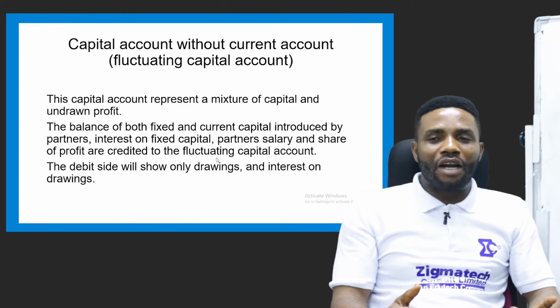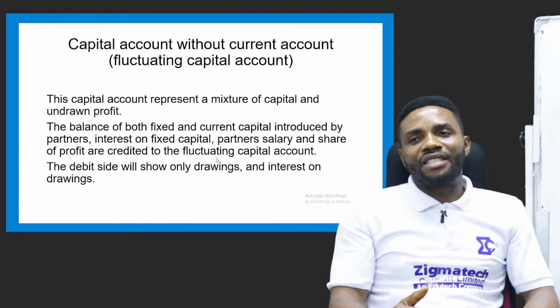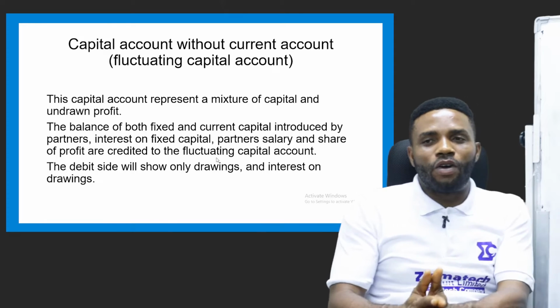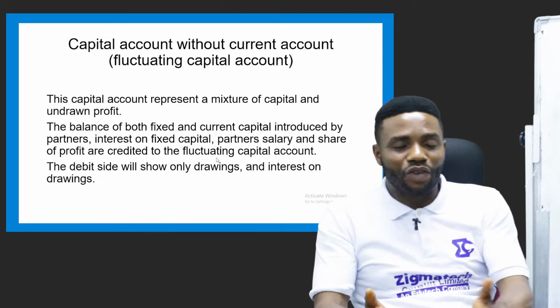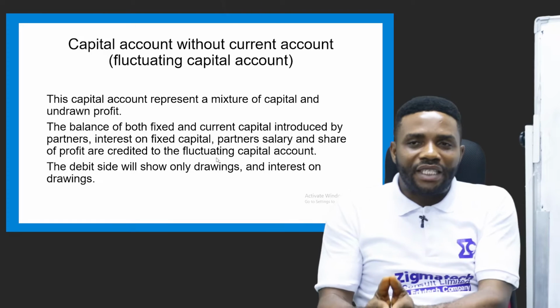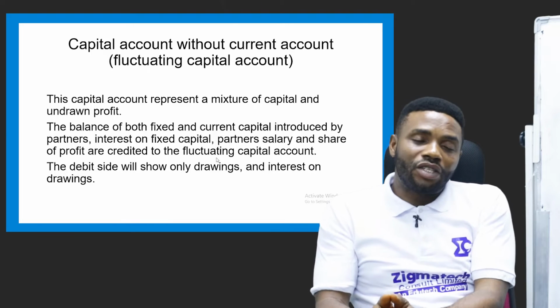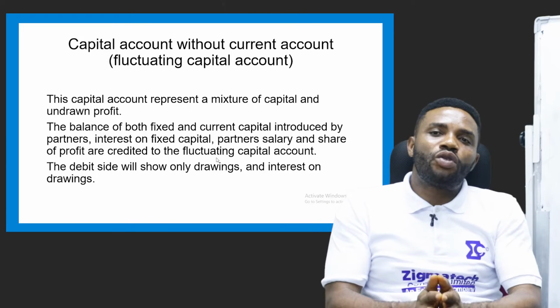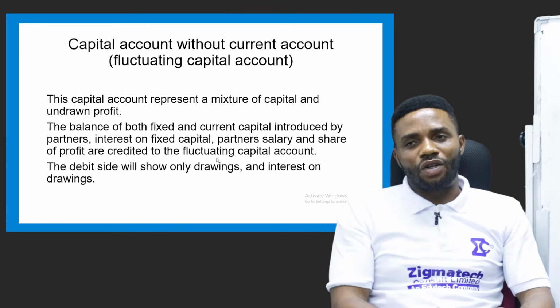Interest on fixed capital, number 2. Partner salary and share of profit are credited to the fluctuating capital account. That's what I just said now, that all of these transactions are credited to the capital account. The debit side will show only drawings and interest on drawing.